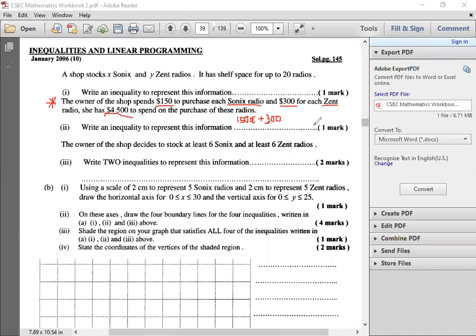Plus 300y. So 150x plus 300y is less than 4,500, right? Remember, I said that it is difficult to plot this 4,500, so you simplify it. You divide this equation now by 150.